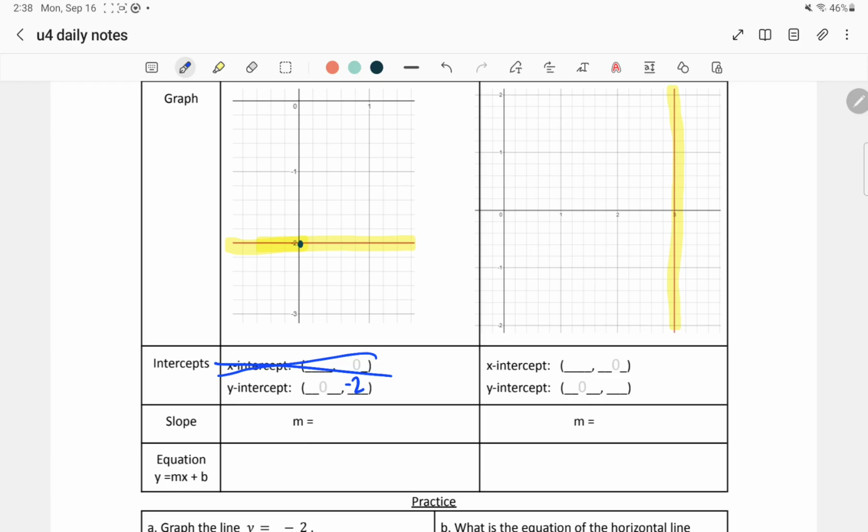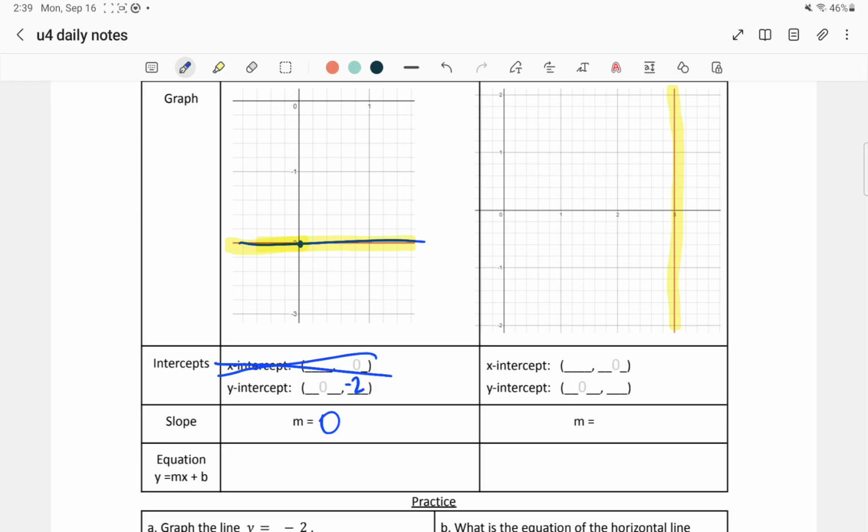When my slope is flat, when I have a flat line like this, that is the slope 0. You'll be asked on your homework things like write an equation that, or draw a line with the slope of 0. Write an equation that has a slope of 0. You need to know that that means it's a flat line.